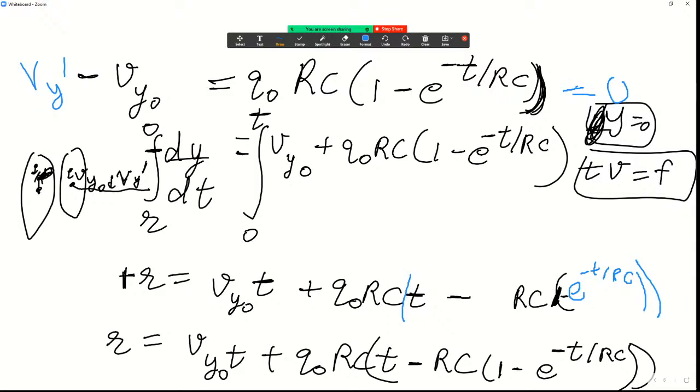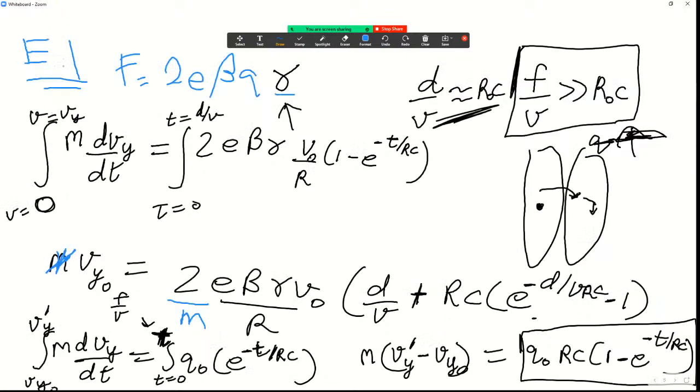And what was the value of Vy0 and Q0? We'll go back to the last page. So Vy0 is 2e beta r V0 by mr, d by v plus rc, e to the power minus d by vrc minus 1.